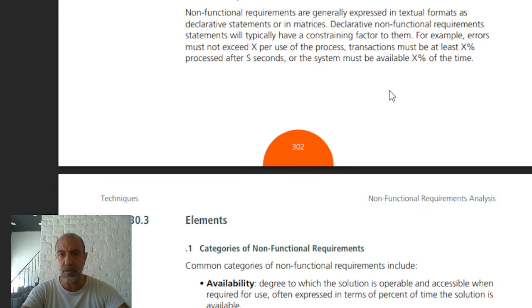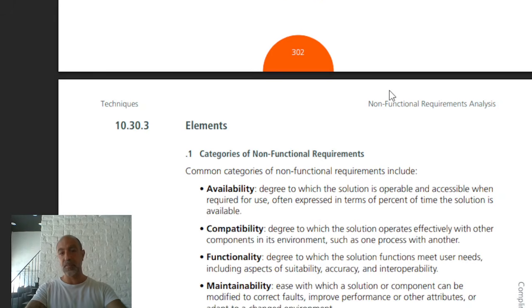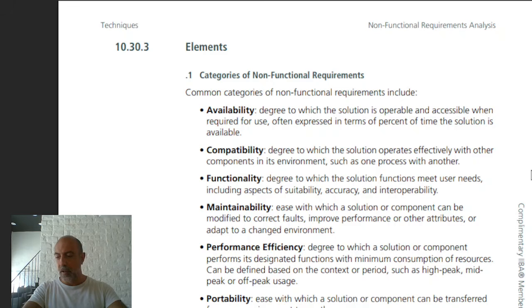For example, errors must not exceed X per use of the process, transactions must be at least X% processed after 5 seconds, or the system must be available X% of the time, right? What we're talking about is more the value and not the outcome. Like, how do you measure the value of the essence of something? I don't know.